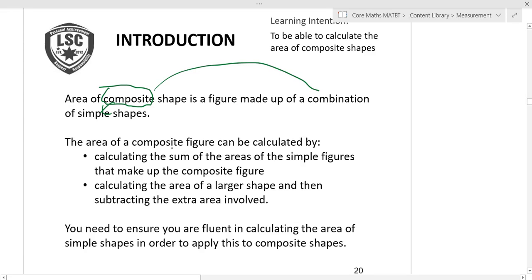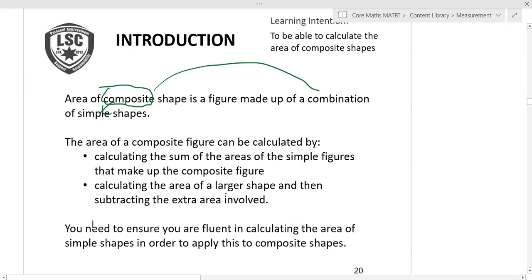The area of a composite can be calculated by calculating the sum, the total area of all the simple figures. That means break up your shape into the simple figures first, and then you add them. The other way is you can calculate the area of a large shape, and then subtract the area of a smaller shape.